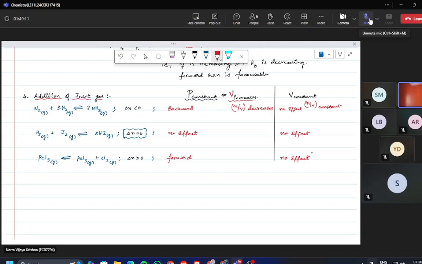Evaporation increases. What happens to sweat on our body under that condition? It will evaporate. If suddenly the pressure of moisture in air became less than P naught, then sweat on my body evaporates. If sweat on my body gets evaporated, it takes heat from my body.